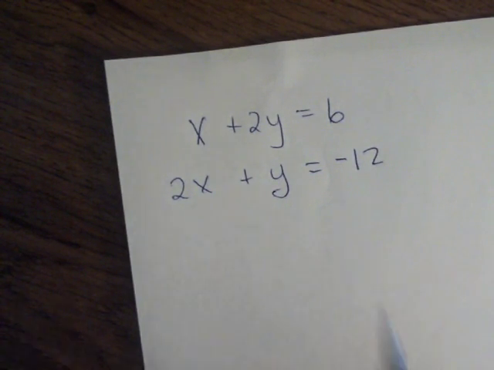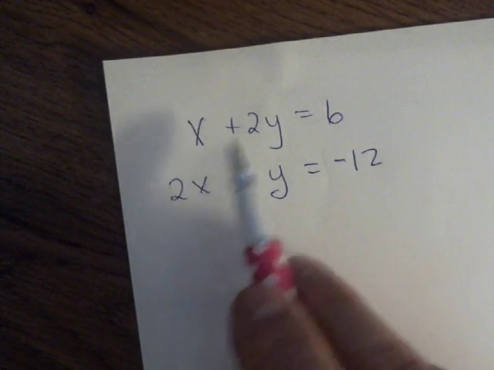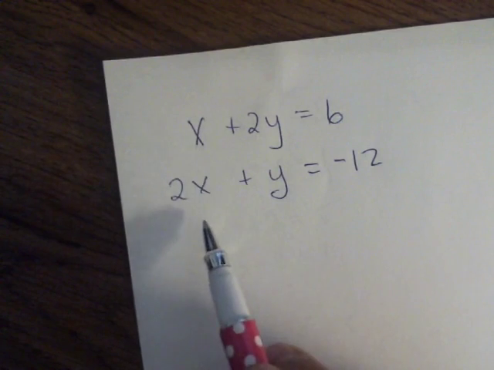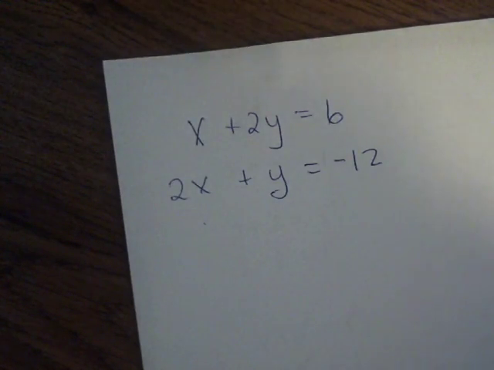Well, you can't just add the equations from this point because I can't eliminate anything. If I added the equations, I'd get 3x, I'd get 3y, and I'd get negative 6. That's doing me no good.